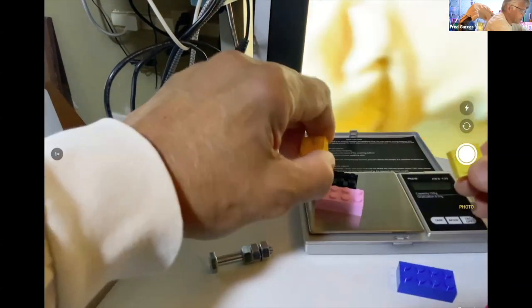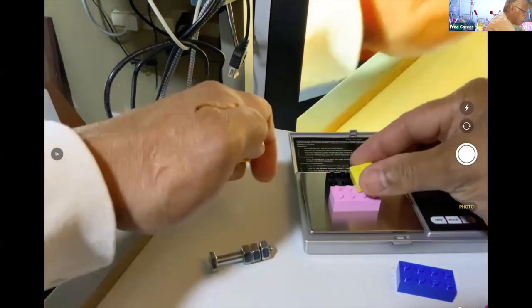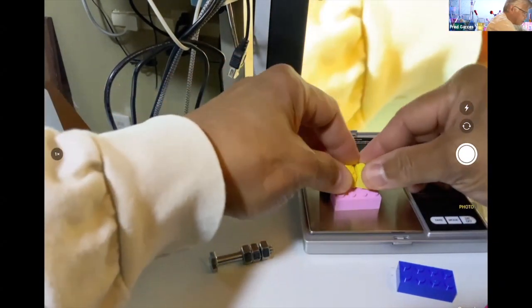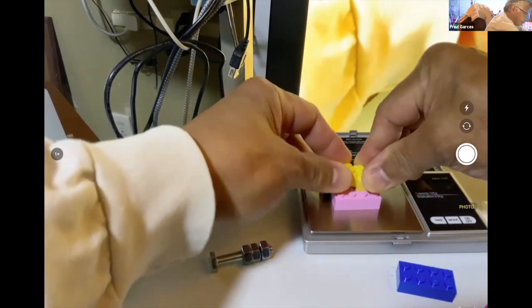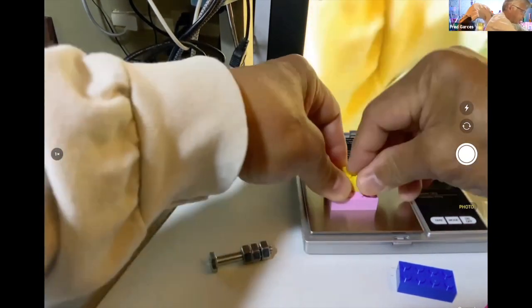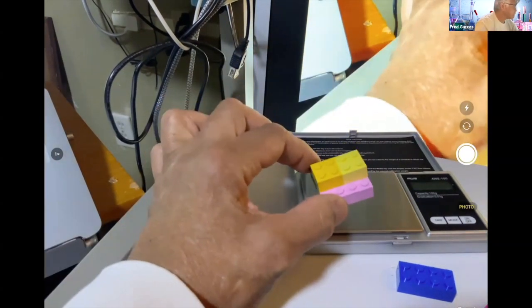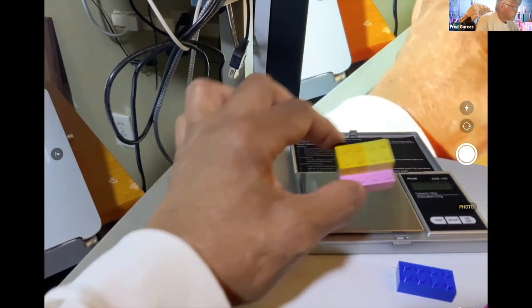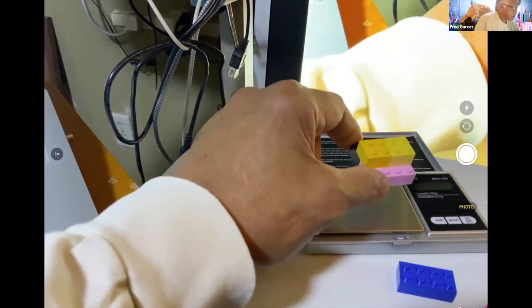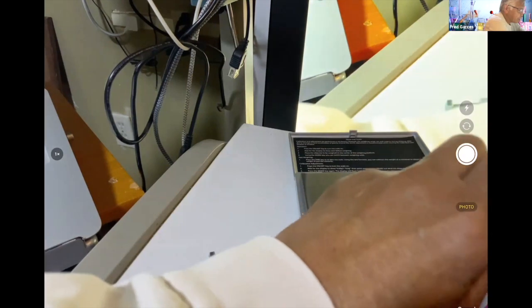So you have something that looks like this in your packet. It will be different colors, but the colors are not going to make much difference because the color doesn't change the mass. So that's the brick. I call these bricks either an E brick or an F brick.